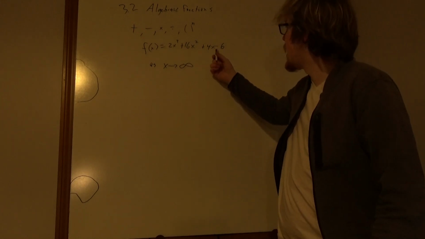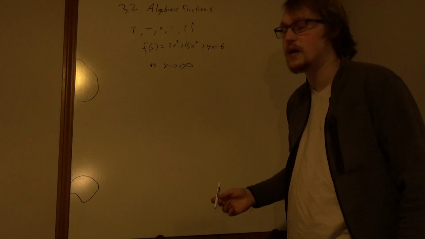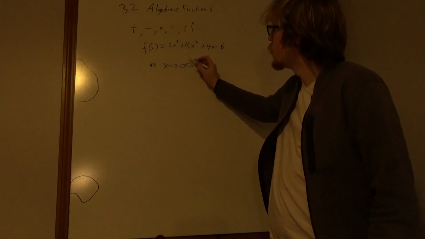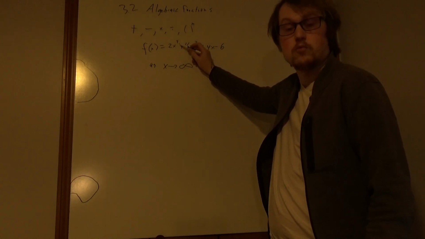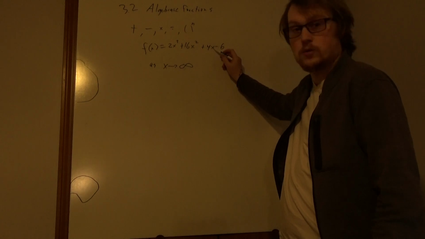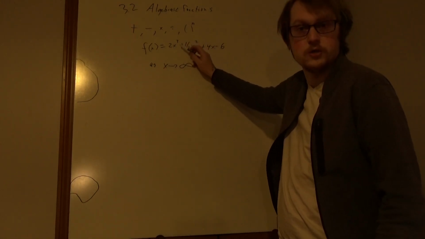Likewise, we can say that this term, the 4x term, also becomes insignificant because for a very, very large x value, we are here cubing it, which makes it really big, squaring it, which makes it bigger, and then doing nothing to it, so it's still big, but it's not even close to as big as these two.